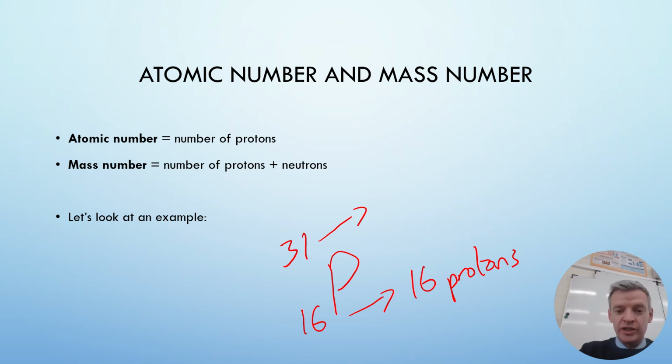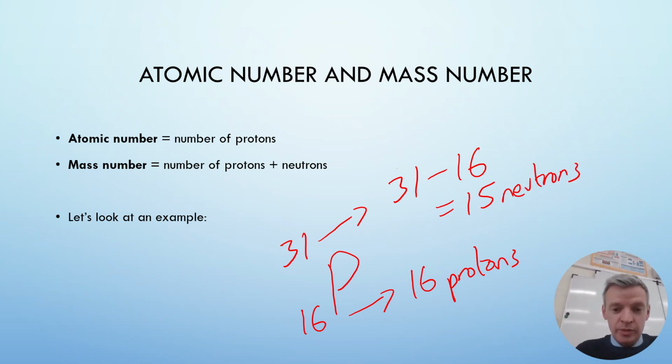So if we want to work out how many neutrons it has, we simply do 31, or the mass number, minus the number of protons, which is 16, and therefore it has 15 neutrons. So that's how you work out how many neutrons an atom has. And also, we haven't done this yet, but if an atom has 16 protons, it will also have 16 electrons.